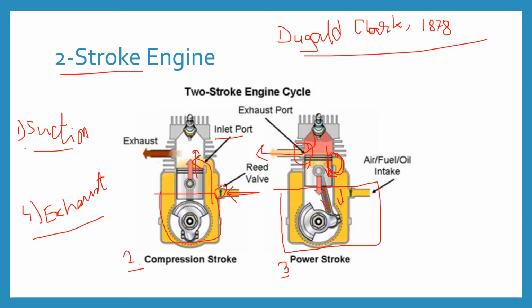There is a deflector on the piston, and this deflector helps to separate the fresh air and the exhaust gas in the combustion chamber. When the piston moves from TDC to BDC, that is the power stroke. So the power stroke and the exhaust stroke occur simultaneously. So in this way the two-stroke engines are operated.